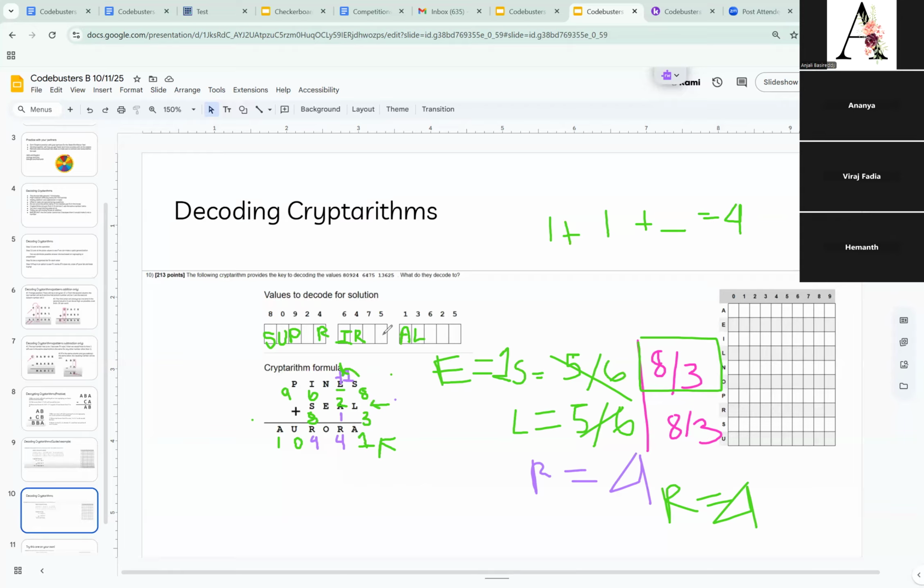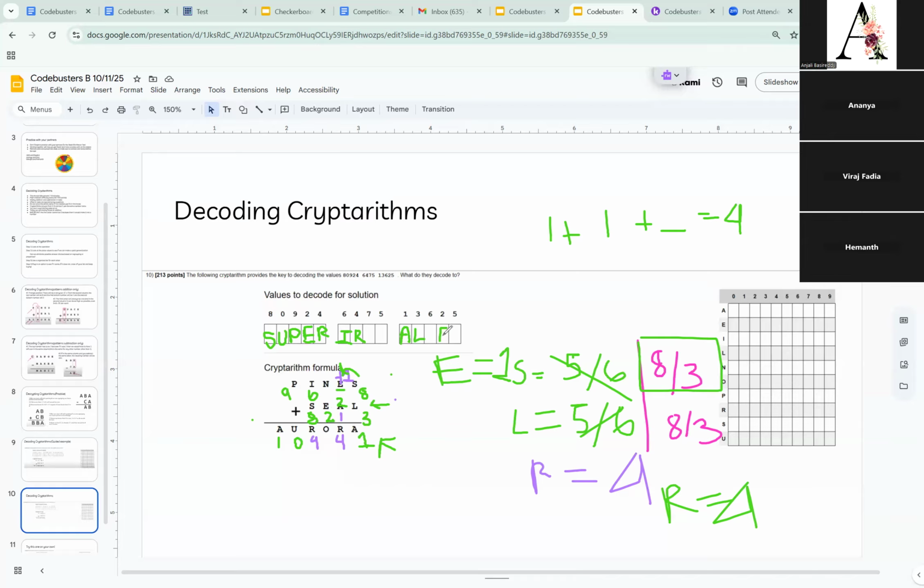So then E would be 4. Or sorry, 2. So then this kind of makes sense. As we're going, maybe if it's not correct, then you can know because super is a word, right? So then that makes sense. So then we kind of know we're on the right track. And then now that we have E as 2, we can try to find N and O.